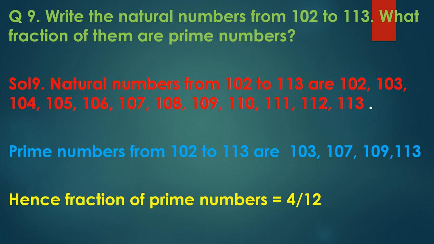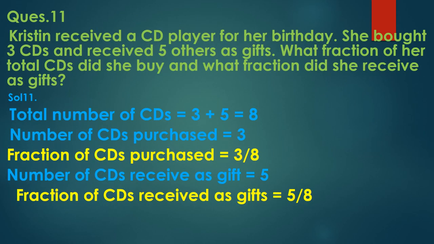Prime numbers from 2 to 12 are 2, 3, 5, 7, 11. Yesterday I told you prime numbers have exactly two factors, 1 and the number itself. So the number of prime numbers is 5, and hence the fraction of prime numbers is 5 upon 11.